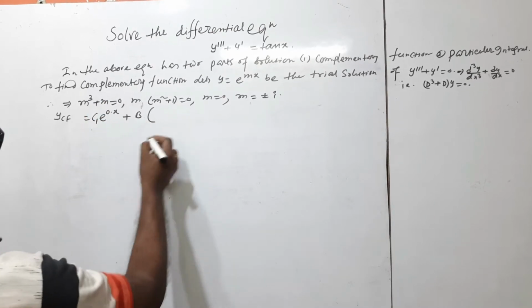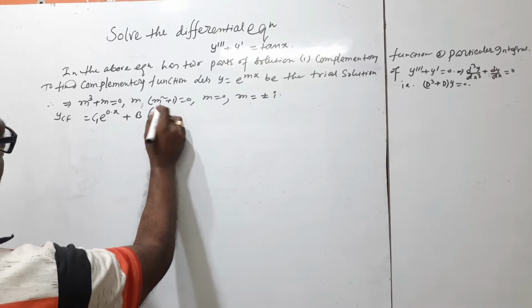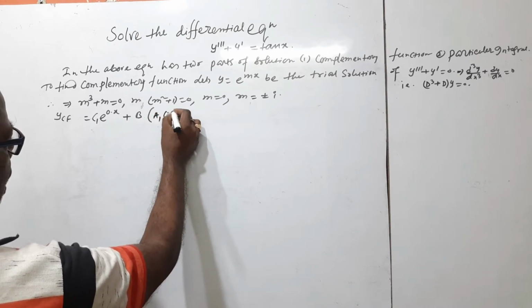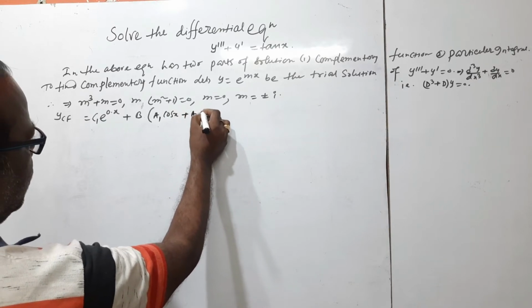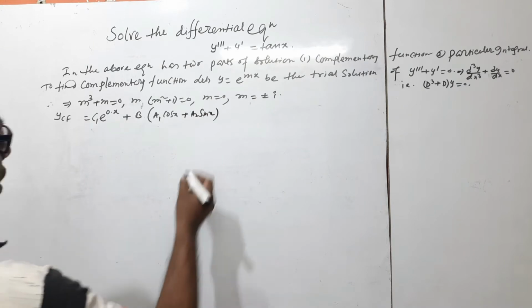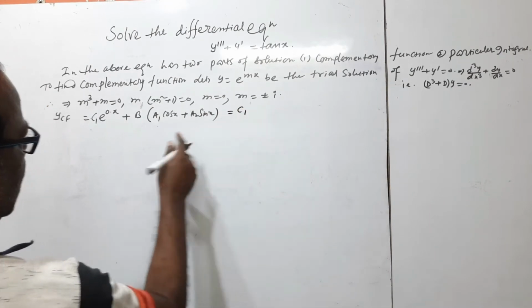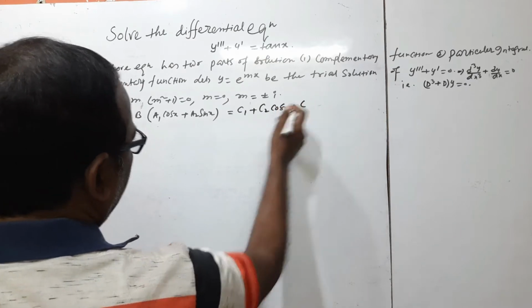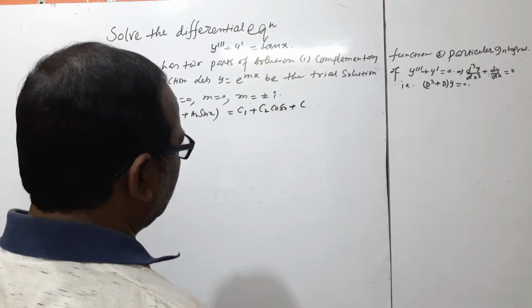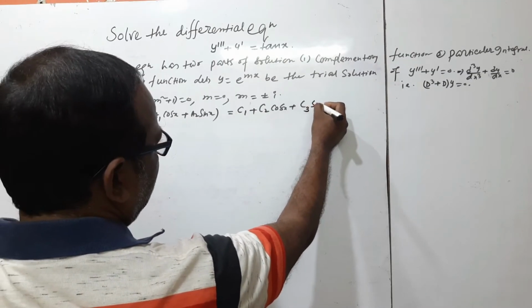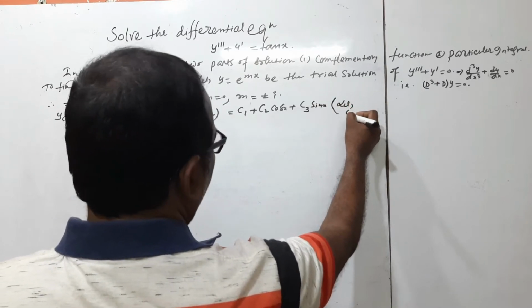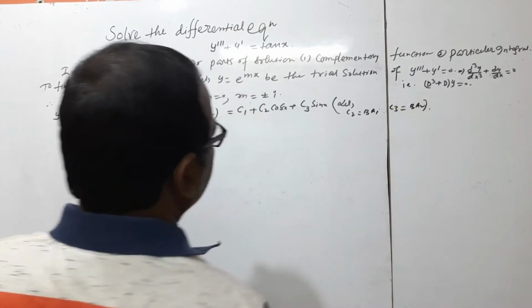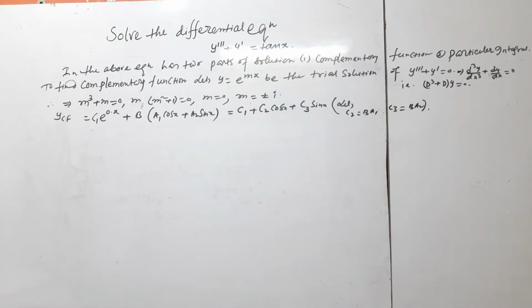Let us assume c2 = b·a1 and c3 = b·a2. Okay, this is the complementary function.